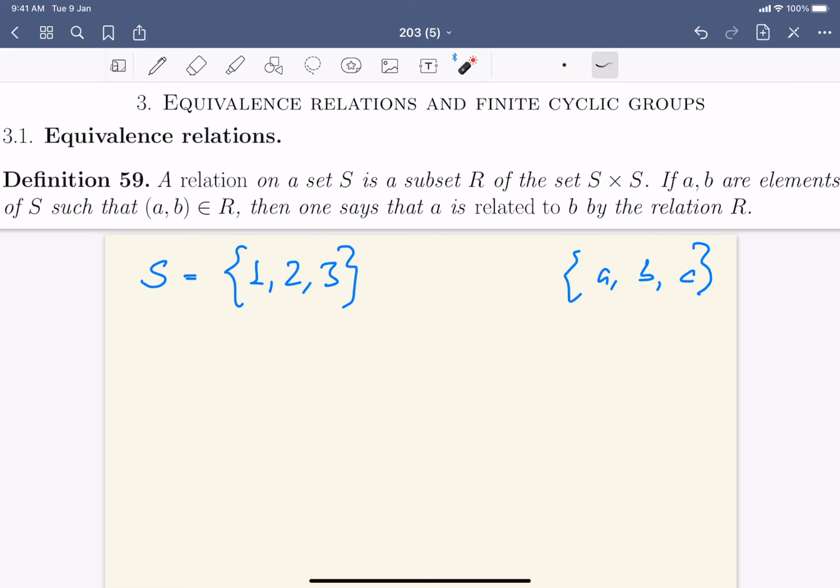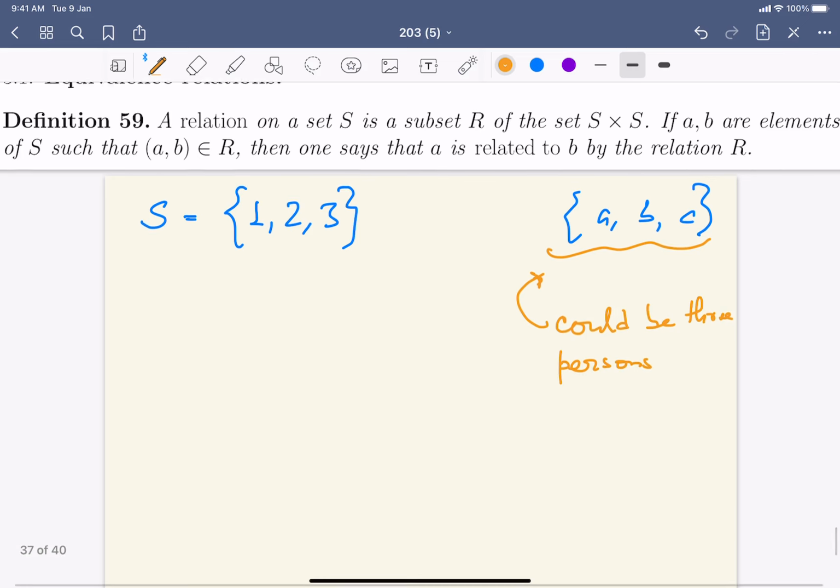So you can ask what is {A, B, C}. They could be three persons.